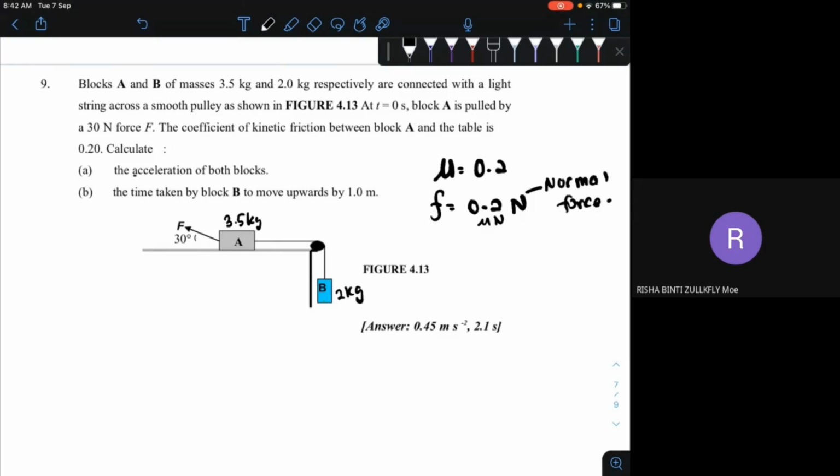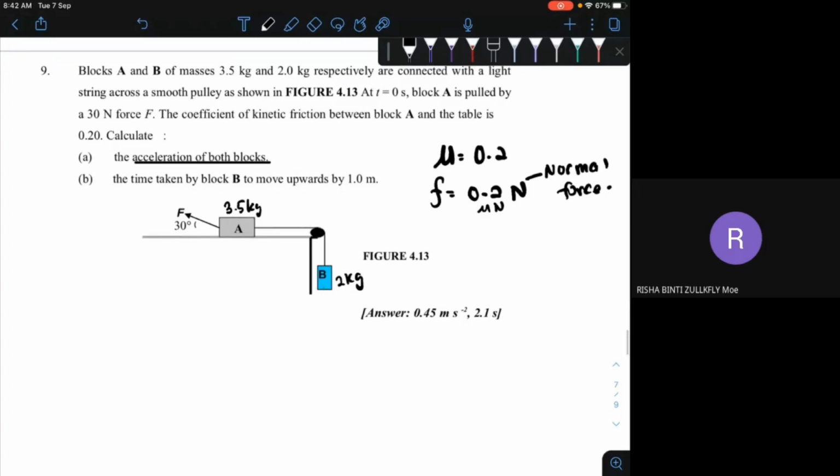Let's calculate the acceleration of the block. Okay. Sebab objek ini kena tarik in this direction by a force F, so objek ini akan bergerak ke kiri. So this is the acceleration for A. Since A and B are connected across the same string, tali yang sama, pergerakan satu objek is going to lead to another object to move.